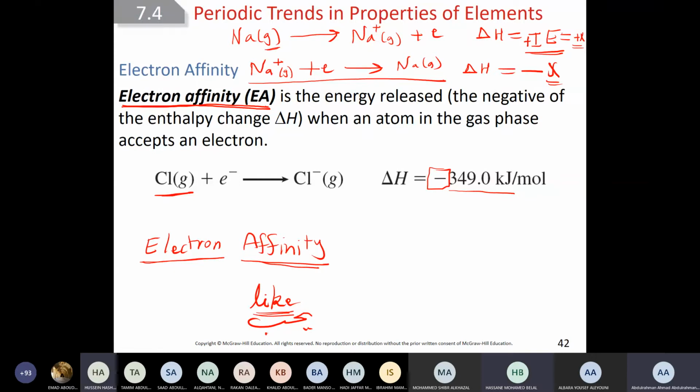Doctor, if I give the atom an electron, I should take energy from it, right? If you want to take an electron from the atom, this is always positive.